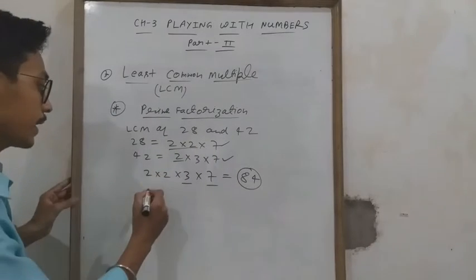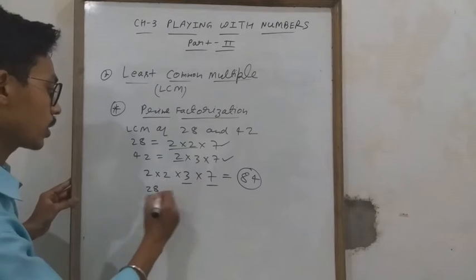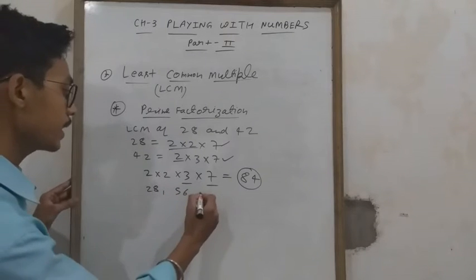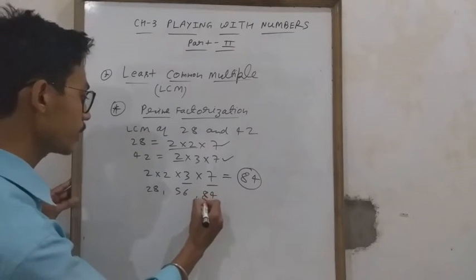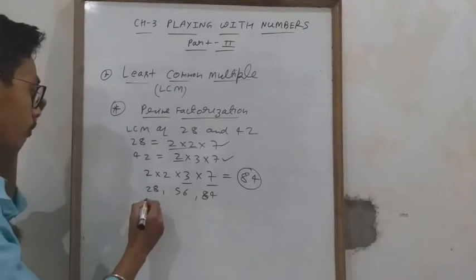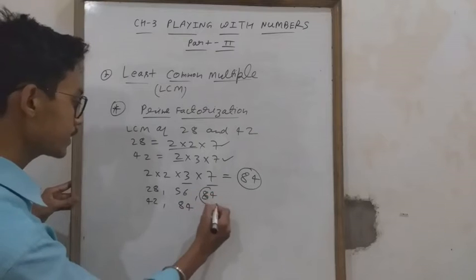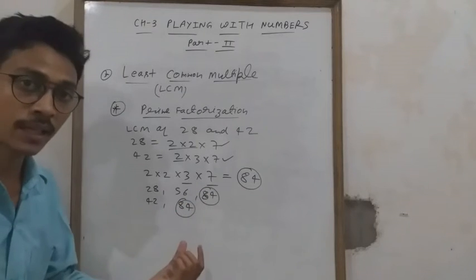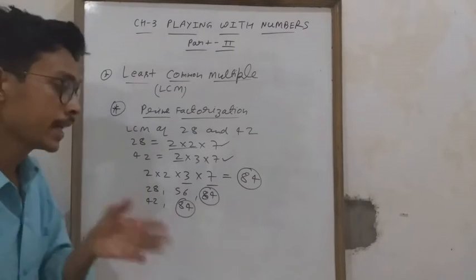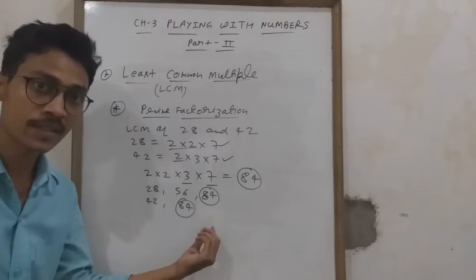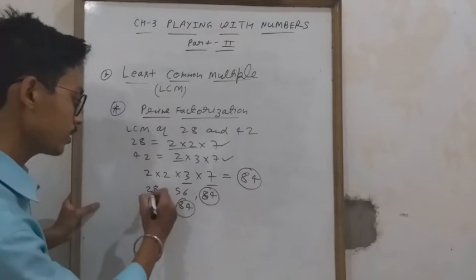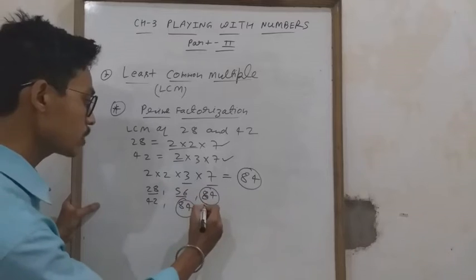How? You know that 28 times 1 is 28, 28 times 2 is 56, 28 times 3 is 84. Okay everyone? Now 42 times 1 is 42, 42 times 2 is 84. So see student, this is the smallest. It means this is coming the very first time. After 28 times 1 is 28, 28 times 2 is 56, 28 times 3 is 84.